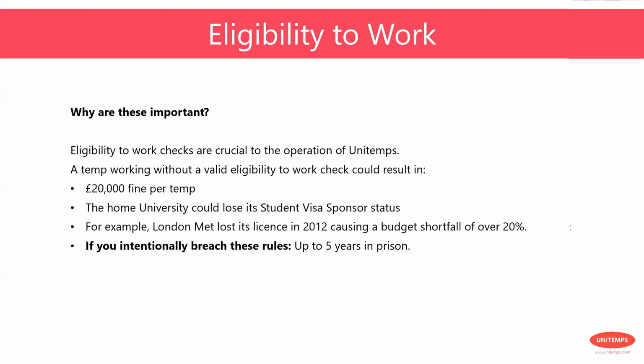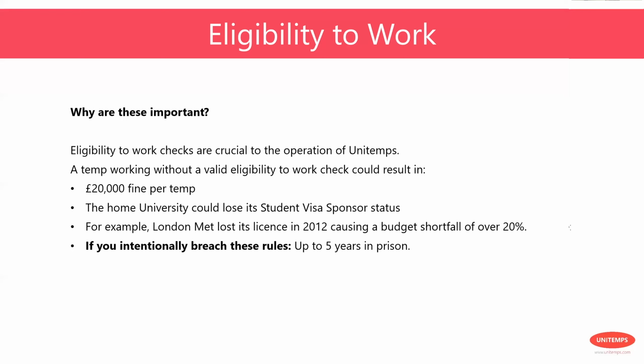All of that's what happens if you accidentally breach the rules. So if you intentionally breach the rules, then it's actually a criminal offence, and you could get a prison sentence of up to 5 years. Now, I don't really think that anyone in the Unitemps network is going to be intentionally placing people illegally or anything like that.